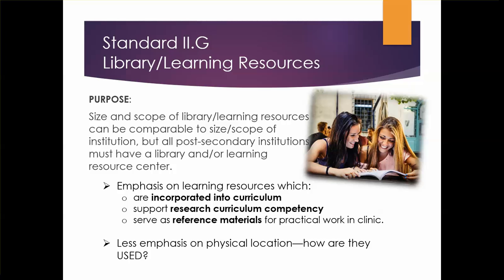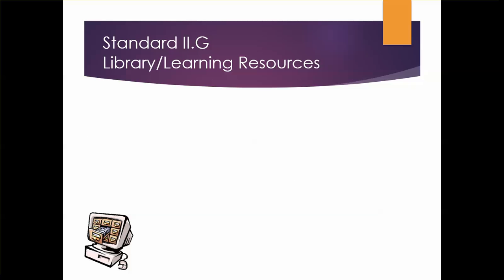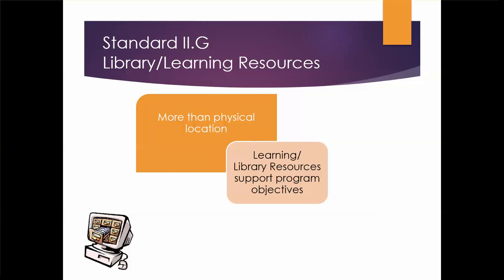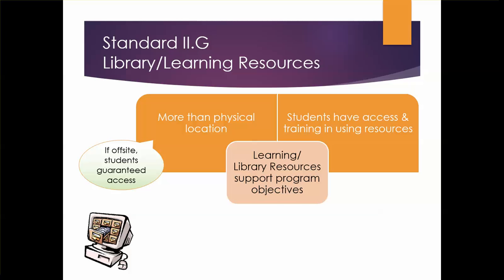Instead, how are they used? It's not just about throwing books on a shelf, it's about using them. So there are certain requirements. The learning and library resources should support the program objectives, and in doing so, it's more than a physical location. Please note that there can be an off-site library being used for your students, but all students must be guaranteed access, and we recommend that you contact COMTA staff for more information on that.